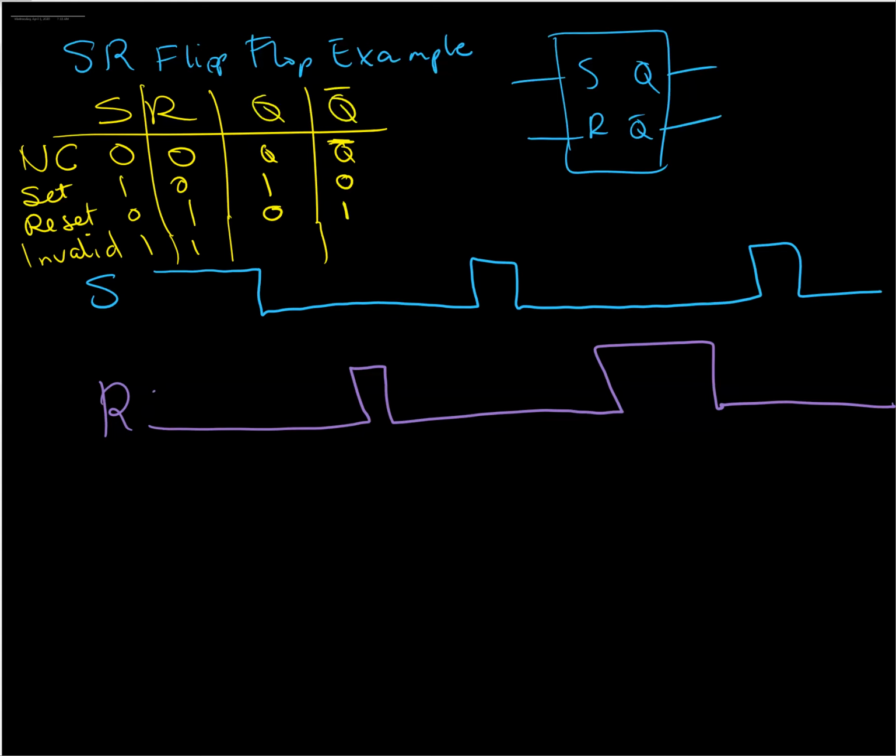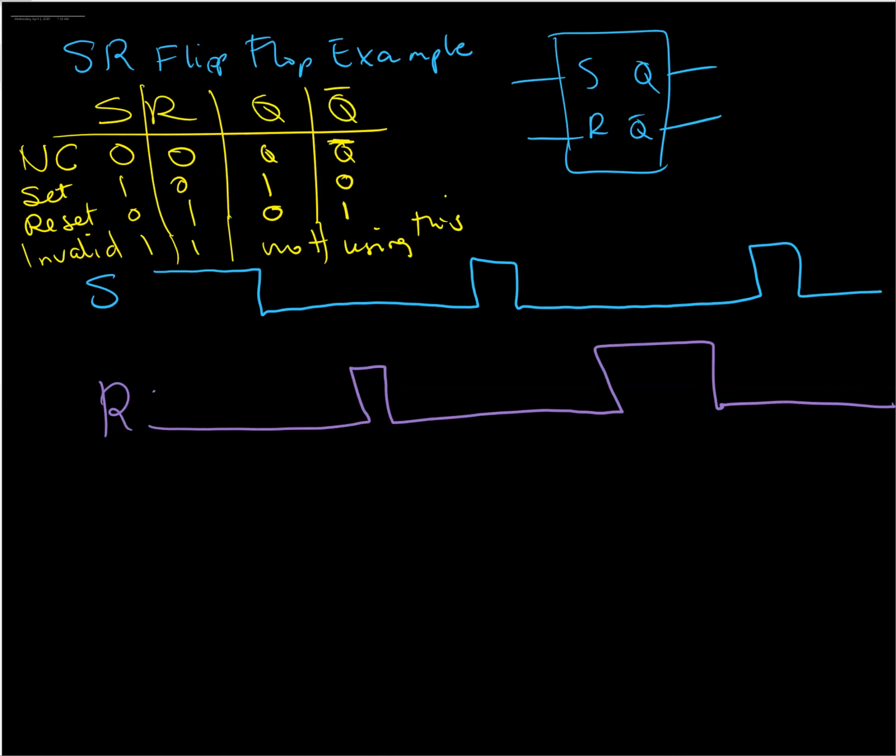For the invalid state, we don't know because we don't know what the internal implementation is, but we're not using this in this example.